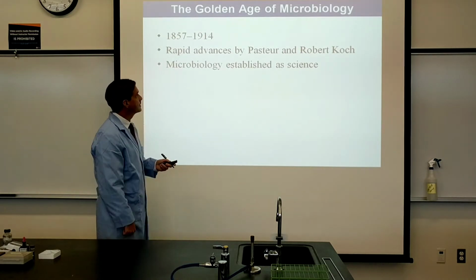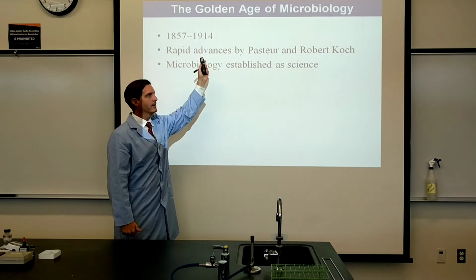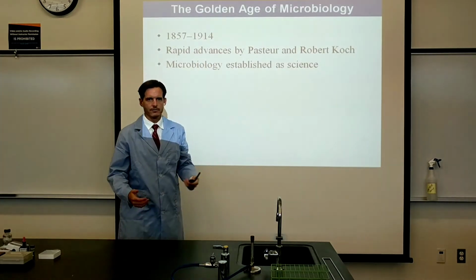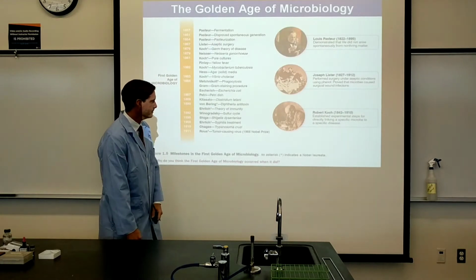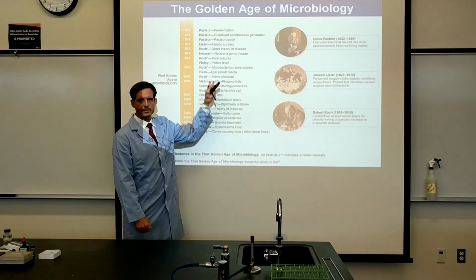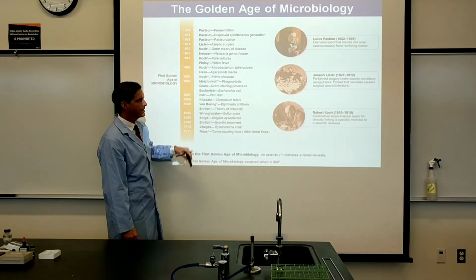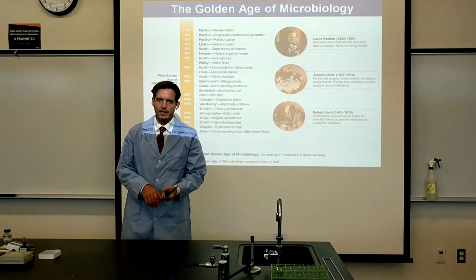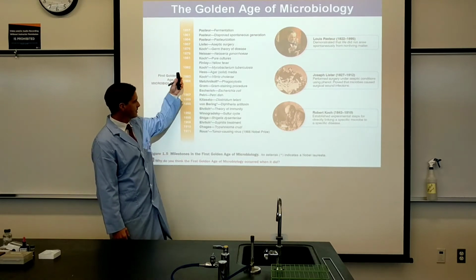The discoveries and the techniques that they developed brought us to the modern form of what we see in this subject today, microbiology. And here is a reference taken from your book, a timeline of all these great discoveries by microbiologists and biologists during different parts of microbiology.